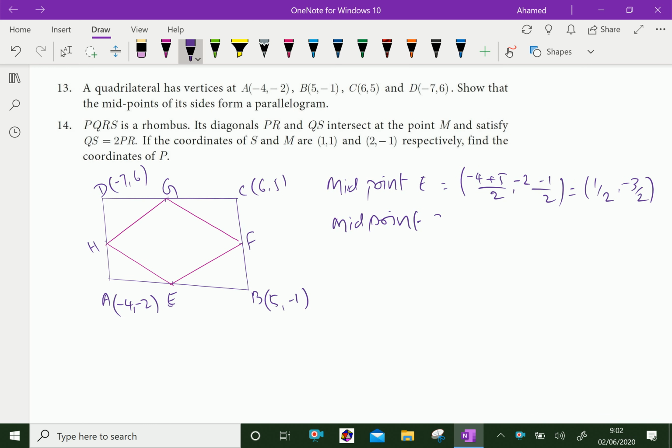Midpoint F, which is the midpoint of B and C, is (5 + 6)/2 and (-1 + 5)/2, which is 11/2, 4/2.